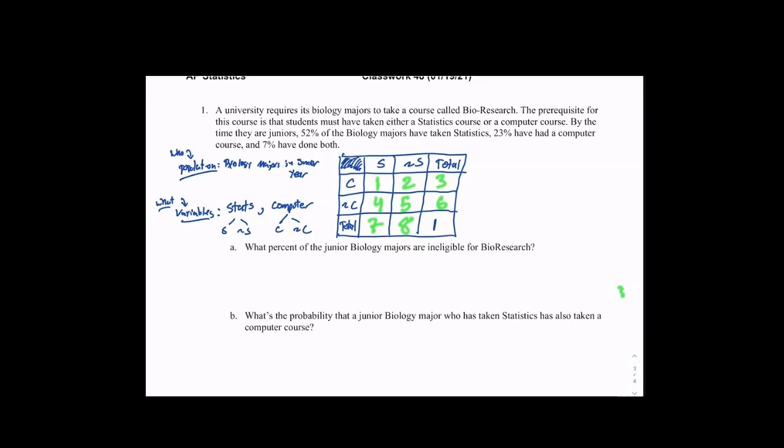Notice that it does not mention computer science. So in order for it to be boxes 1, 2, 4, or 5, those 4 boxes on the inside, it must mention both variables. This question only mentions the variable of statistics. So where does the total for statistics go?